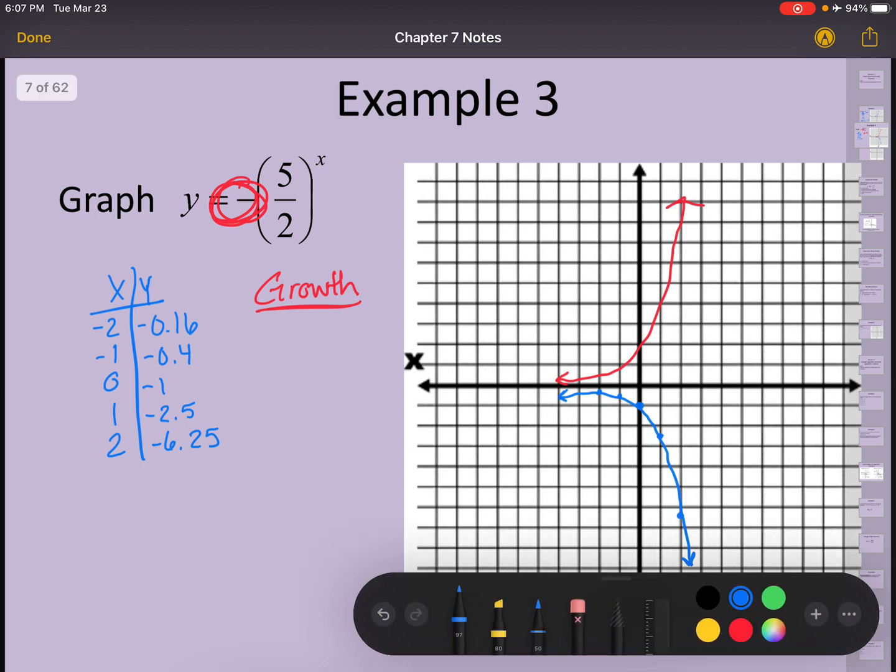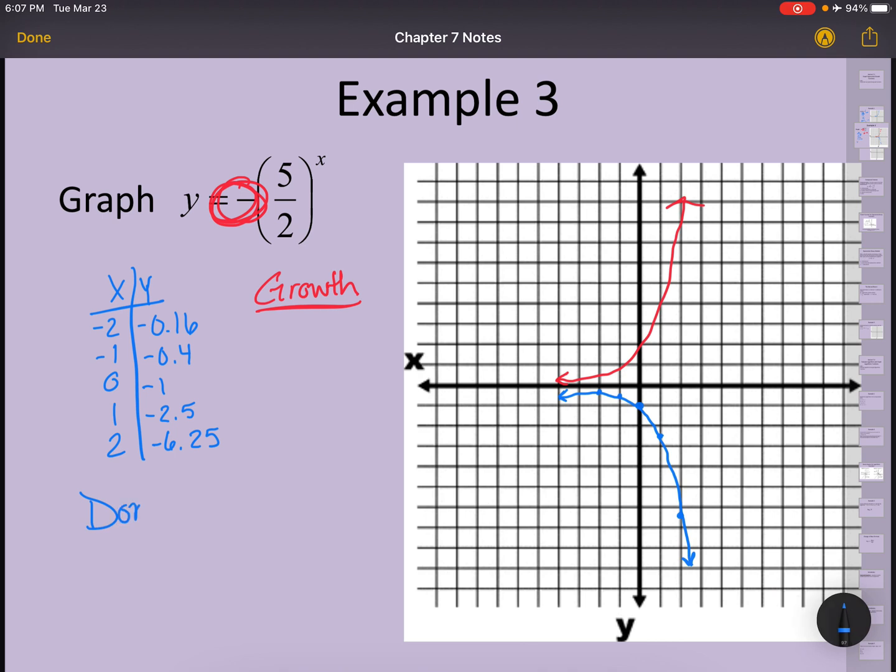So if we look here in our domain, we're still hitting all the real numbers from left to right. But the range in this case, we're still never going to hit 0 because that's our asymptote. It's always going to approach it but never touch or cross it. In this case I don't have any positive y's, I have all the negative ones, so this one is y less than 0.